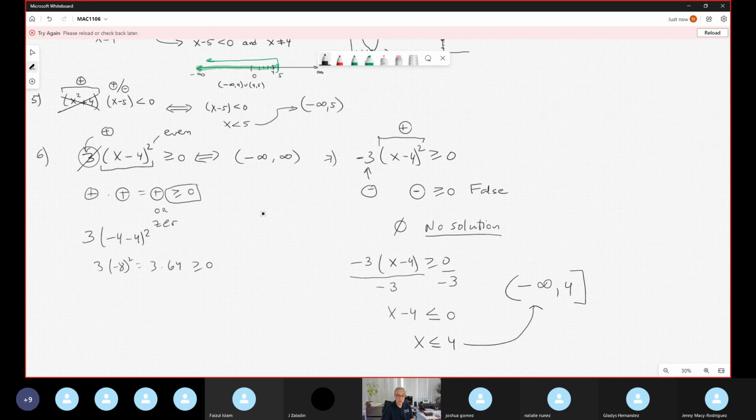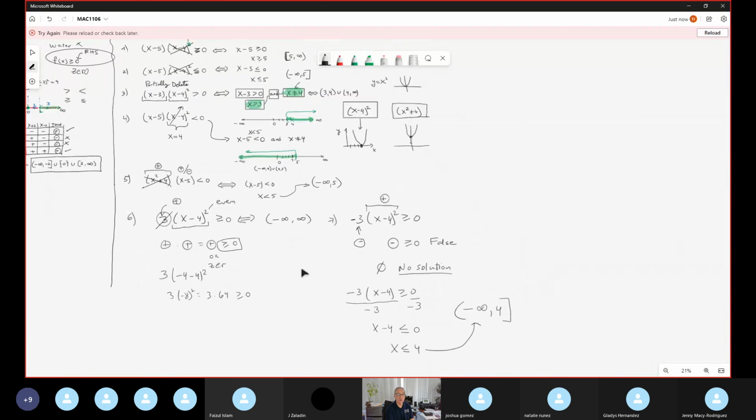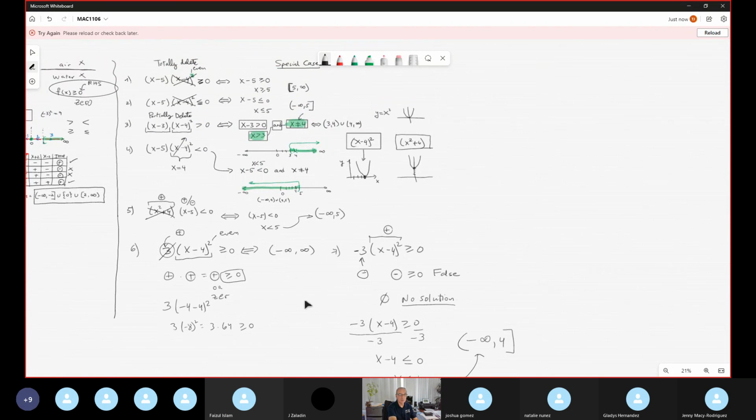So the super fantastic conclusion is: when you have a factor that contains an even exponent and your inequality contains equal, greater than or equal or less than or equal, you totally delete that factor. And you convert your complicated problem into one easy problem. It contains one factor or two factors, depending on the problem.